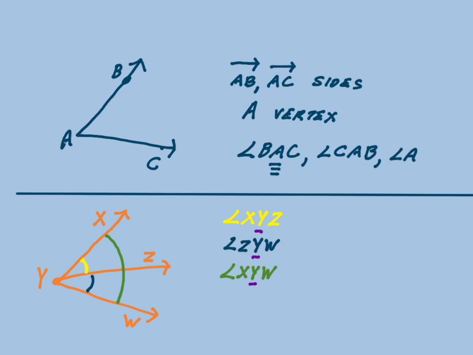Now, this is how we can name angles. When we name angles, we can use the points that make the angle themselves. And so we can give it a name based on those points, but we can also name it based on its measure.